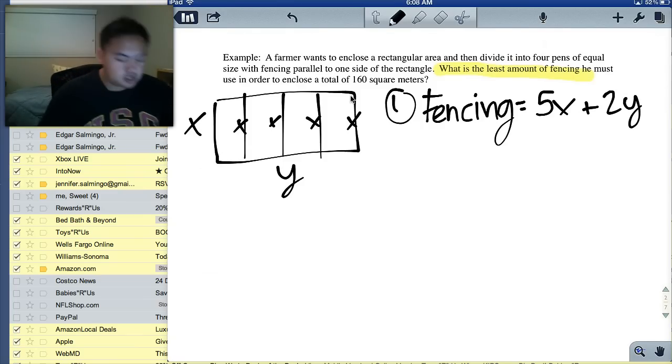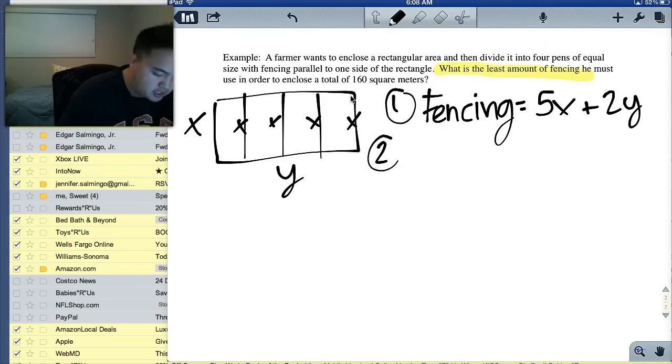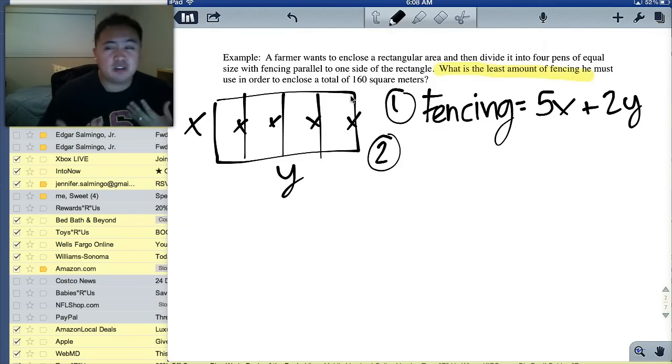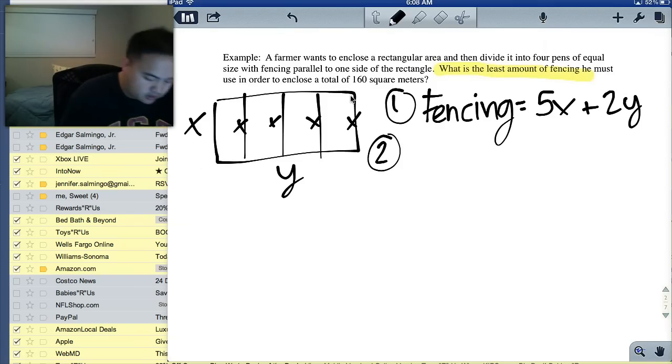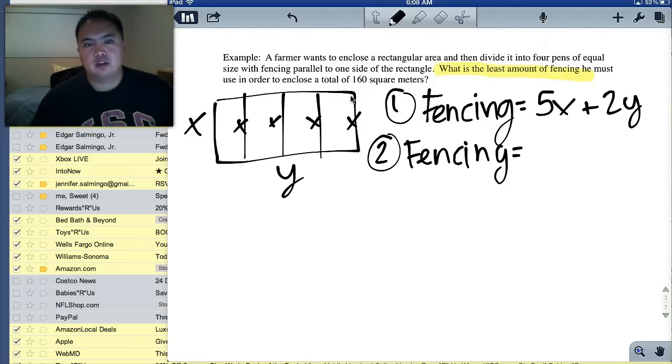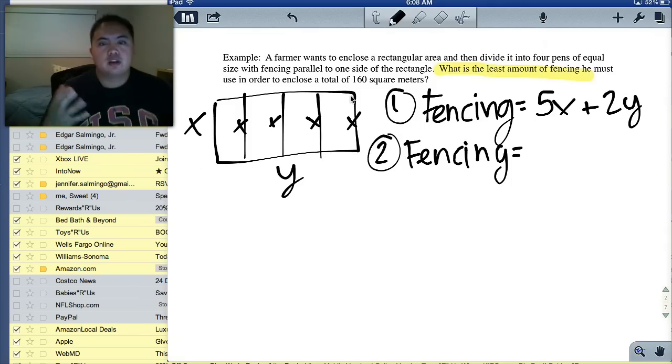If you remember step 2, what I need to do is get this in one variable. I can't take the derivative with x and y. I need to find the derivative with only one variable, and right now I have 2. So what can I do? Remember step 2, scan the problem for additional information, because any information they give you is there so that you can get it into one variable.